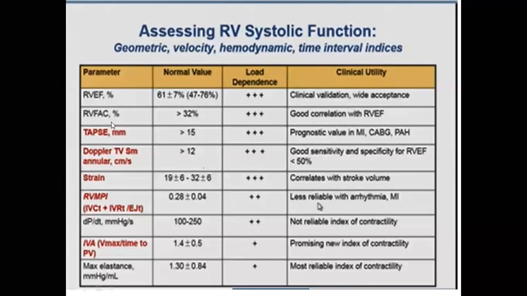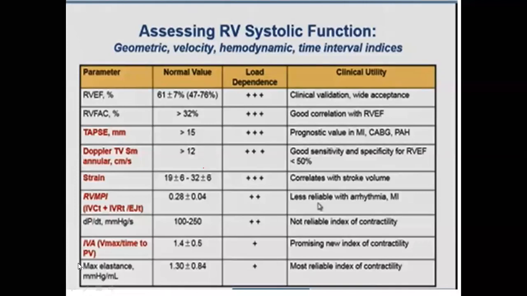What I want to emphasize is that TAPSE, which you commonly report, is greatly load dependent. So we need to take that into consideration. And in MI, in the CABG study, it has been shown that patients with low TAPSE will have a very poor prognosis. And as I've discussed previously, the pressure volume loop is the gold standard in assessing right ventricular function, but it's invasive, cumbersome, and not clinically available.